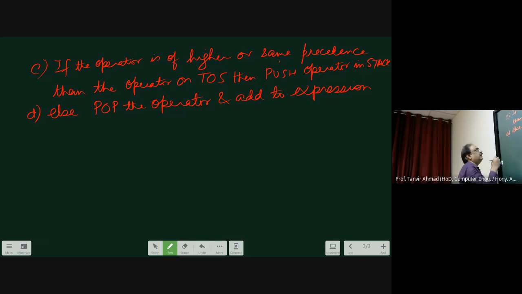And then, to that operator which you have found, push the lower priority operator in the stack.